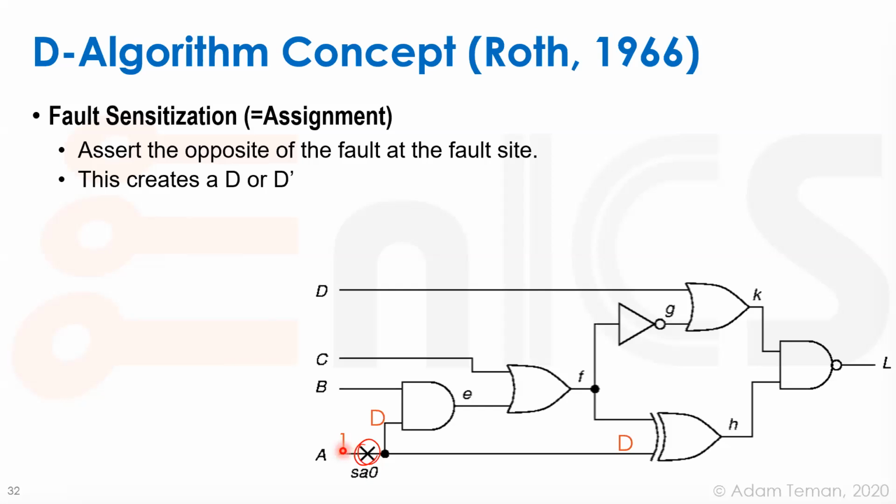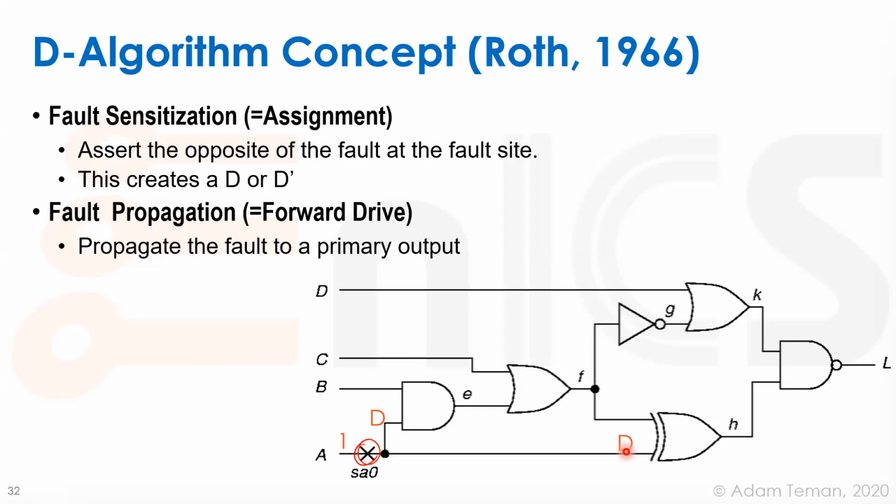So I will sensitize it by putting a 1 over here. A 1 is the opposite of the defect, or I call it a D. Now what I'm going to do is propagate. So the D is over here, and it's also over here because this is the same net as this, right? The next step, that's a stupid step, this sensitization. All these algorithms usually have these trivial steps that when you see them the first time, you're saying, what, that's the whole thing? Yes, that's the whole thing.